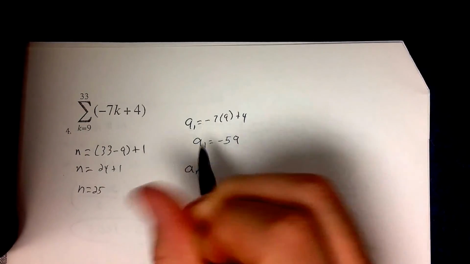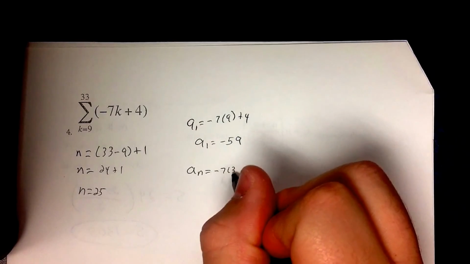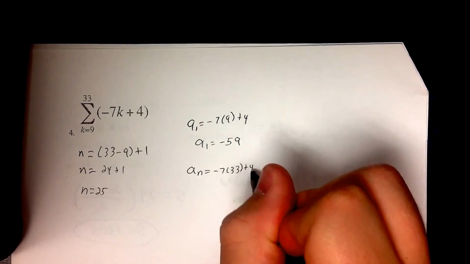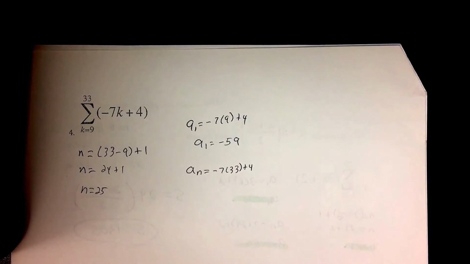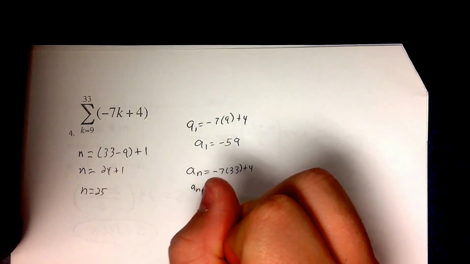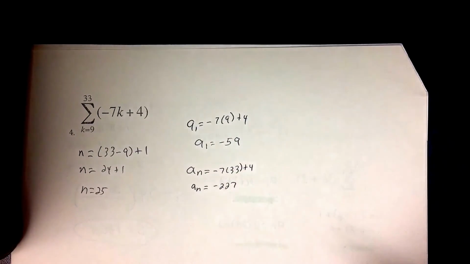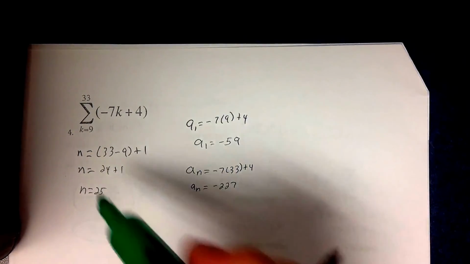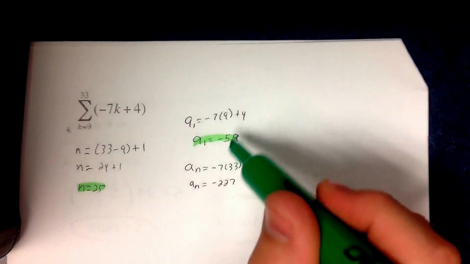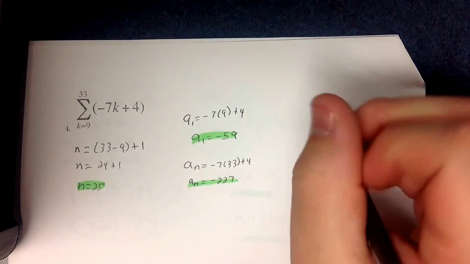The last term, again, I'd be plugging in the 33 for k. So negative 7 times 33 plus 4. So negative 7 times 33 is negative 231. Negative 231 plus 4 would be negative 227. So again, I got n, got A1, and I got AN, so we can substitute that in the formula.